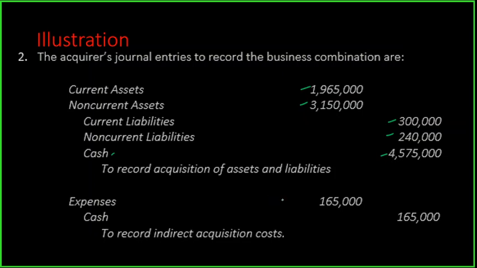According to PFRS 3, the acquirer is going to recognize these as expenses in the period when they are incurred. So you debit expenses at 165,000 pesos and credit cash at 165,000 pesos. Very easy. Let's continue.